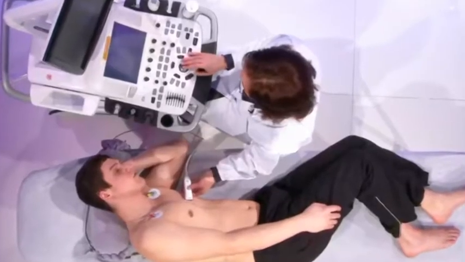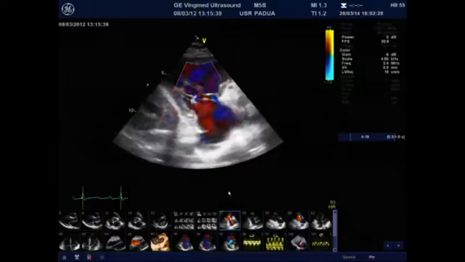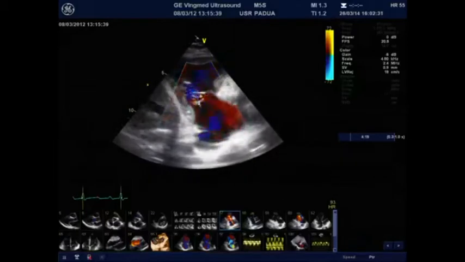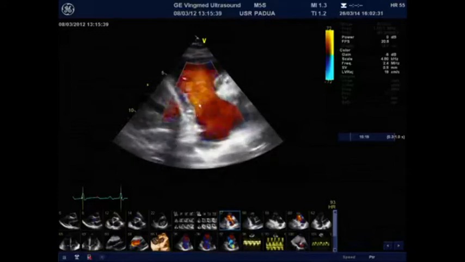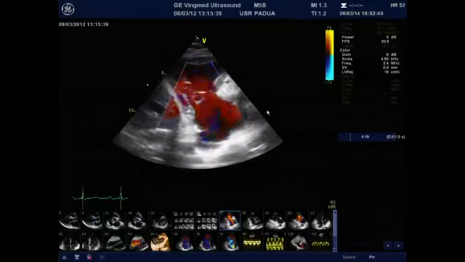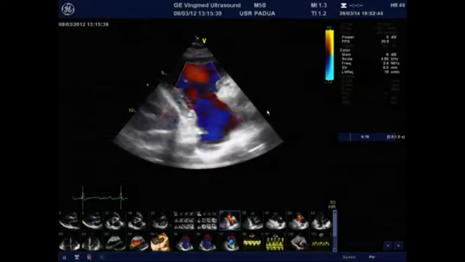Then, if you would like to add the Doppler, you will see that there is some regurgitation. However, I cannot see very well either the direction or appreciate the severity of the tricuspid regurgitation. This is important because there is no single recommended view for assessing the tricuspid regurgitation.